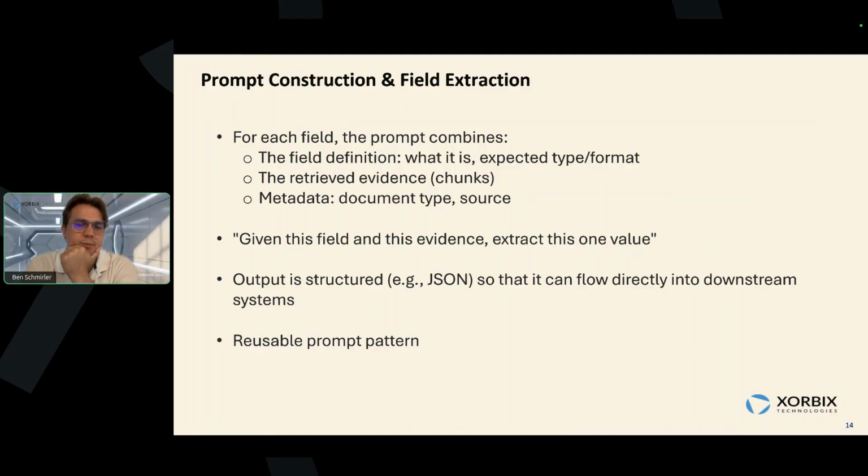An example of that would be: given this field and this evidence, extract this one value. The output, like we saw in the previous slide, is structured, typically as a JSON payload, so that it can be fed into a downstream system. And when you're constructing your prompts, you want to do it in a way that's reusable.